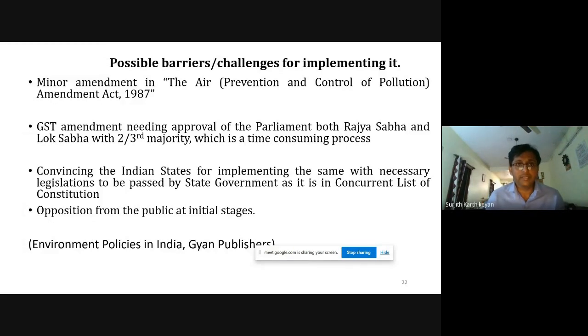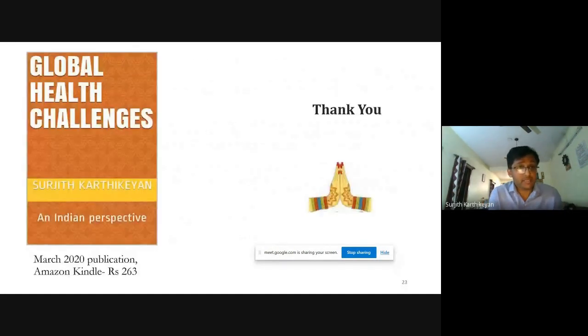And this section which I have explained, on pollution and health impacts due to ambient air pollution, is already published in one of the books, Global Health Challenges, in the first chapter, where it explains in detail all this data, how different types of eco tax work, and the health impacts.